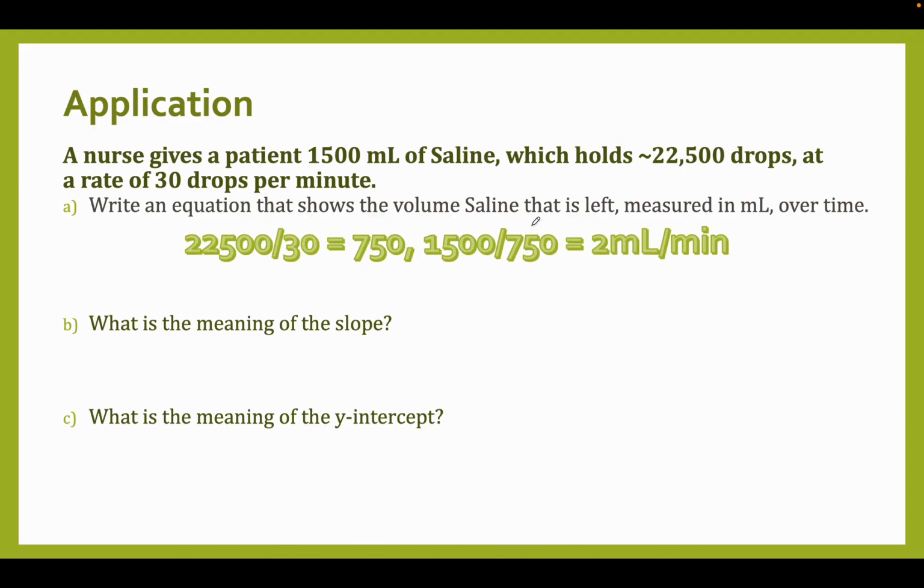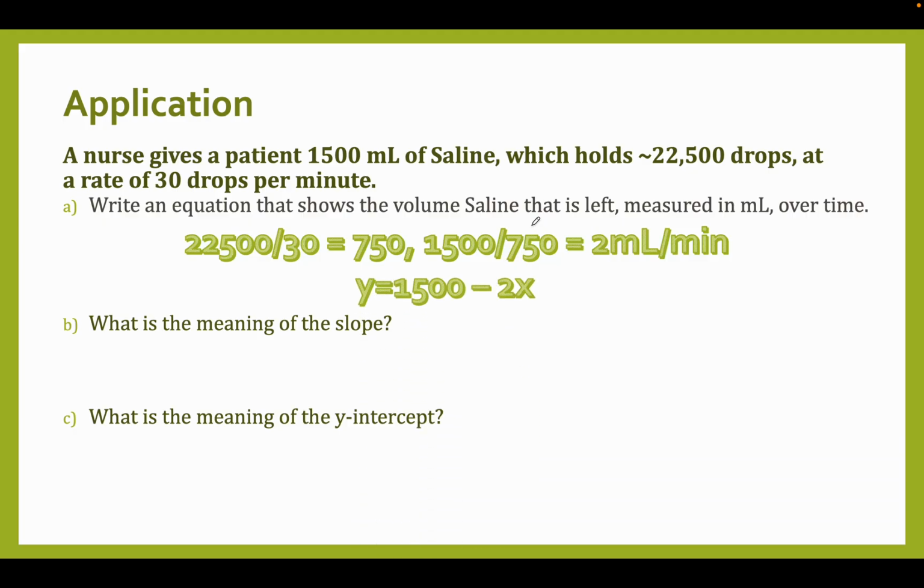So first, we're going to have to figure out how many minutes the person will get. So 30 drops per minute at 22,500 drops, that is 750 minutes. And then 1,500 milliliters divided by 750 minutes is 2 milliliters per minute.